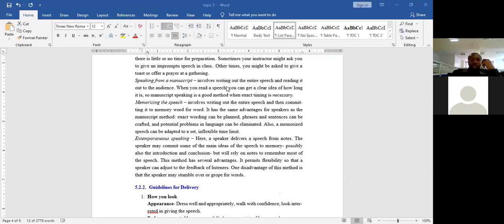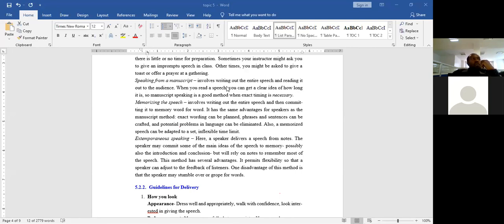So do not confuse extemporaneous speaking with speaking from a manuscript. Because speaking from a manuscript involves writing out the entire speech and reading it out to the audience. But in extemporaneous speaking, the speaker delivers a speech from notes.